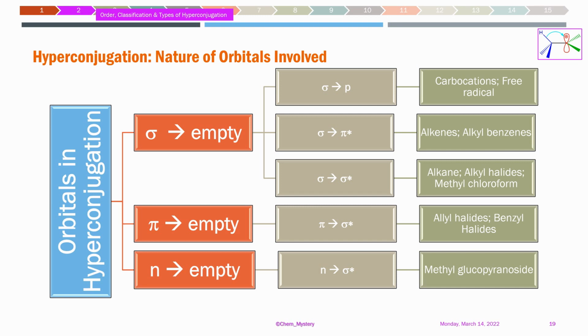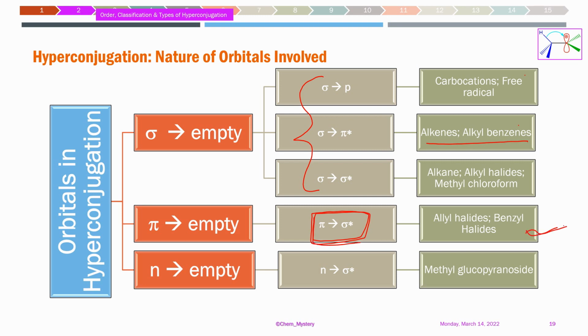When we have sigma to pi star, we have alkenes and alkyl benzenes, and when you get sigma to sigma star, this is going to be the case of methyl chloroform or the alkyl halides and alkanes as well. We'll see the examples of these. So that is these first two cases on the left. This is for carbocation and that is for the radical. This is sigma to p conjugation, basically hyperconjugation, and this is the case of alkenes.